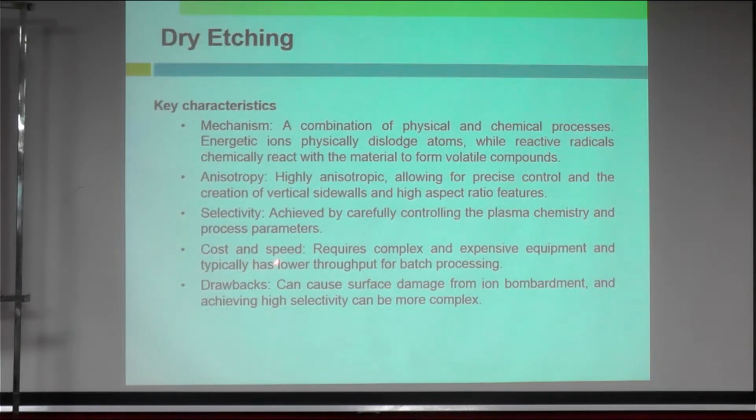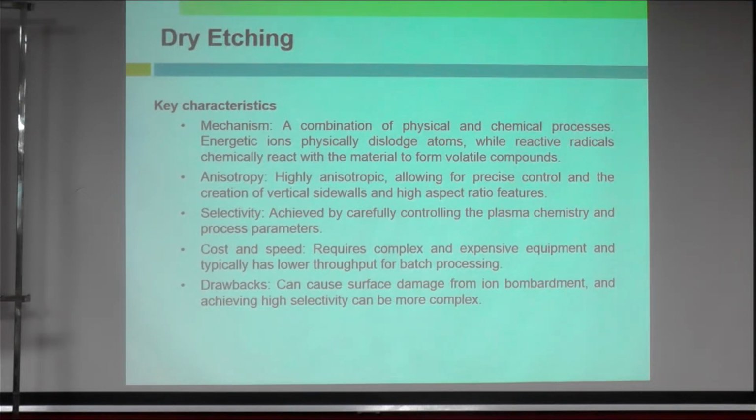So cost and speed: it requires complex and expensive equipment and typically has lower throughput for batch processing. And the drawbacks: it can cause surface damage from ion bombardment, and achieving high selectivity can be more complex.